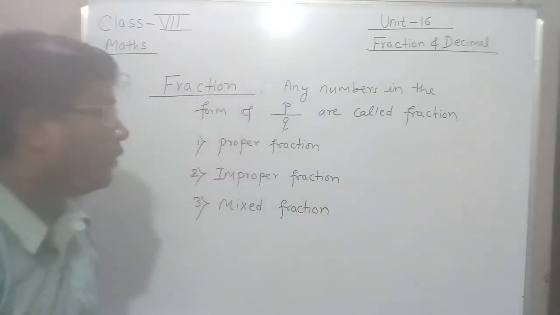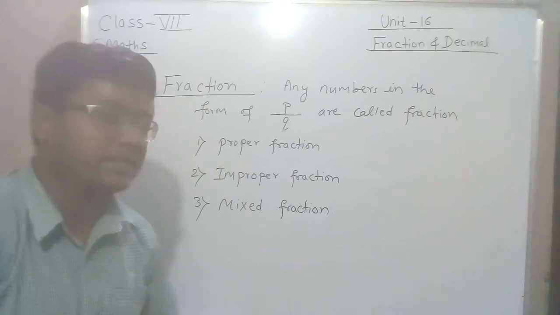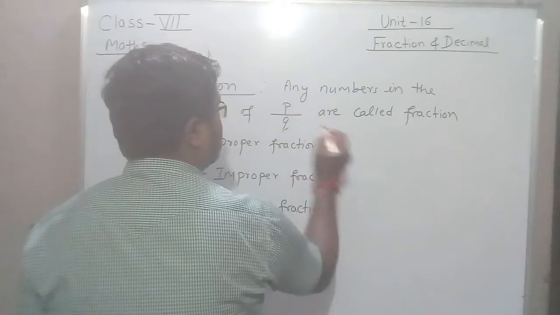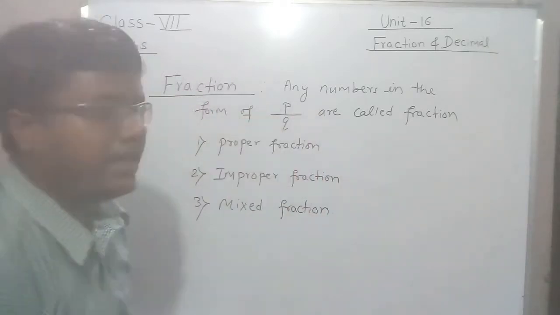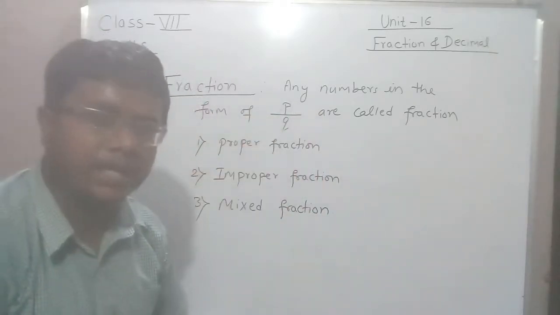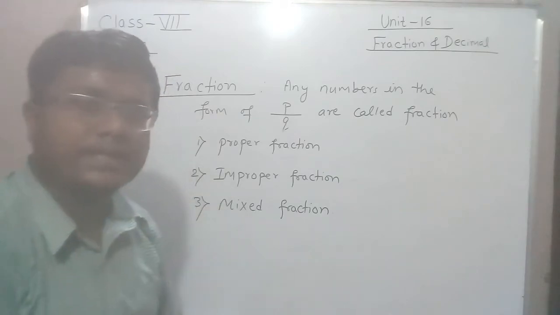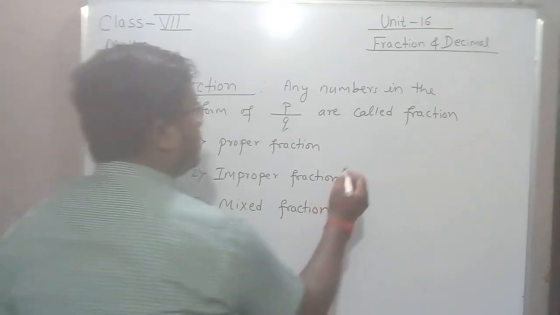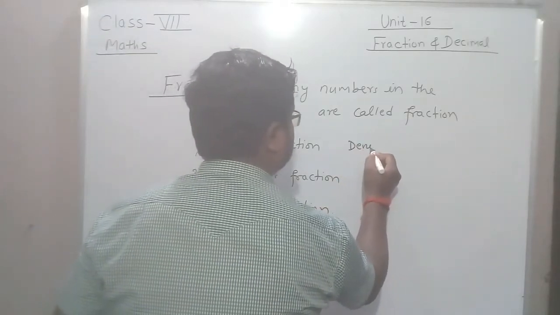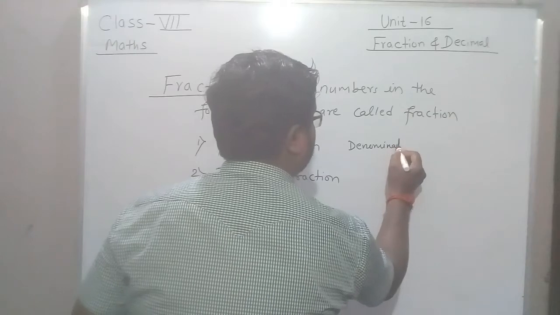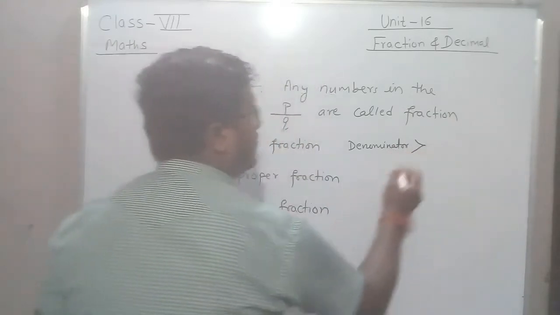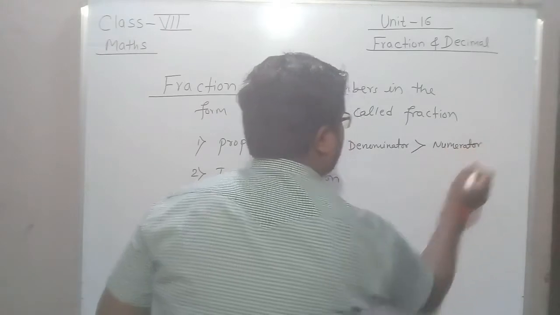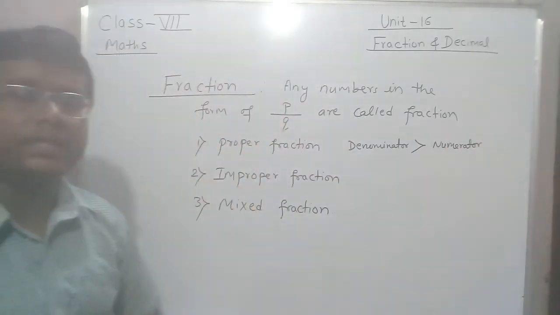What does proper fraction mean? p by q means p is your numerator and q is your denominator. If a fraction is made in such a way that the denominator is greater than the numerator, it is a proper fraction.